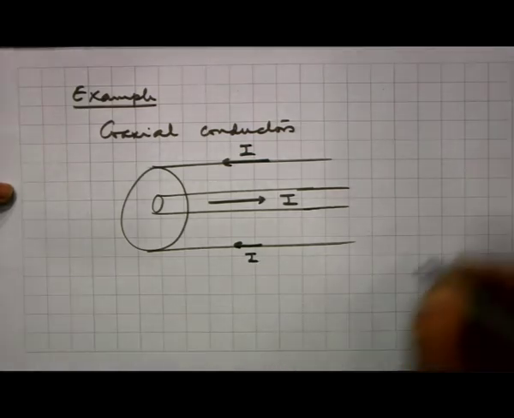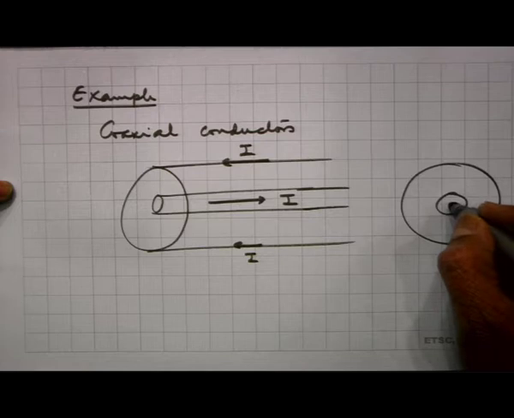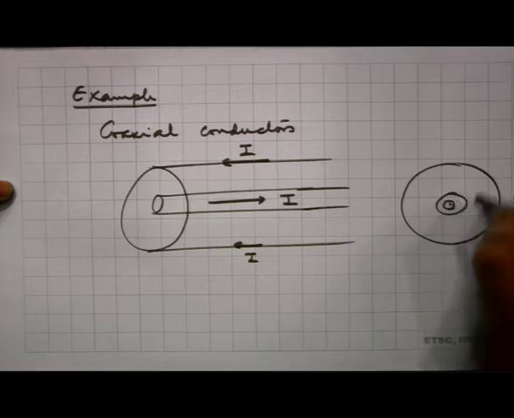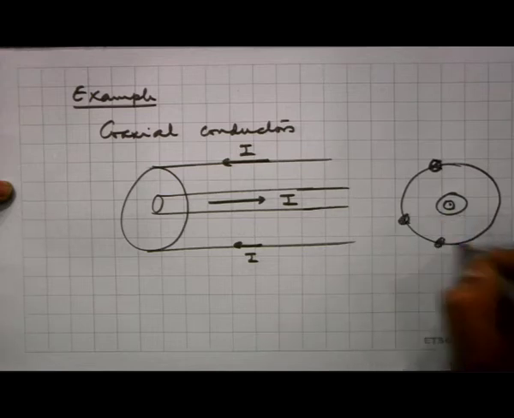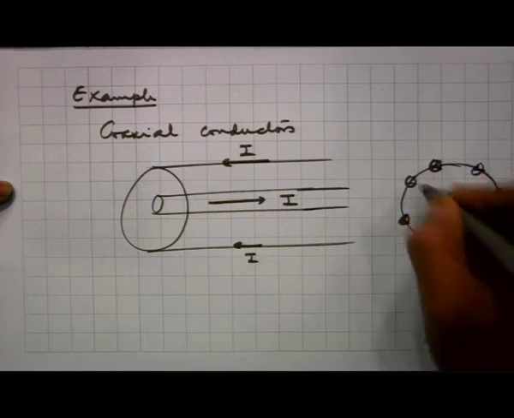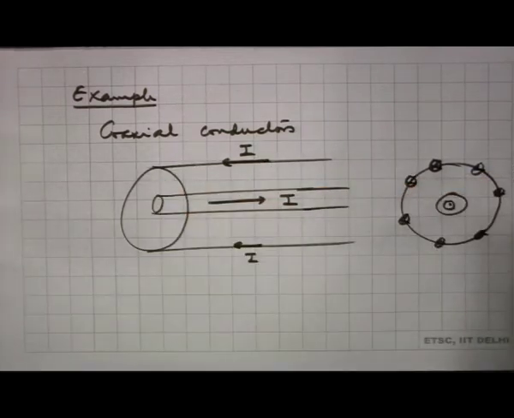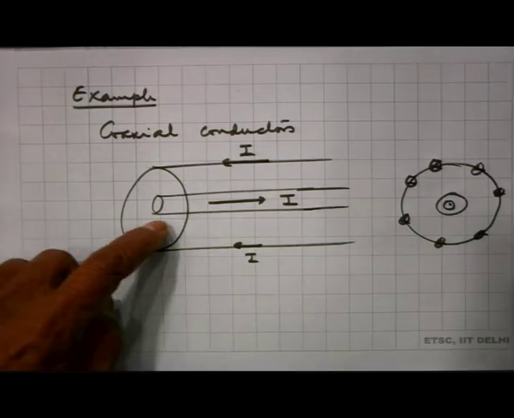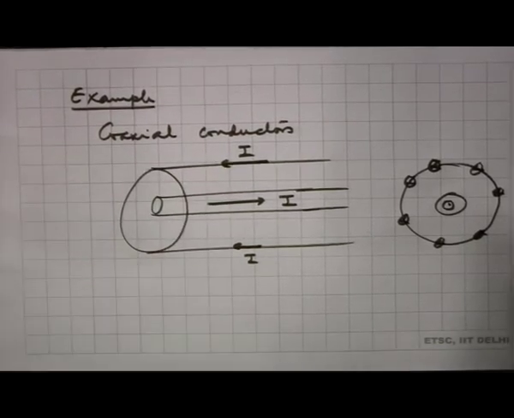The cross section will look something like this. Current is coming towards me here, and current is flowing away from me here. It is uniformly distributed across the cylinder. A current I flows in from here and flows back from here. It is a coaxial conductor because there are two conductors, one lying coaxially inside, on the axis of the outer cylindrical conductor.